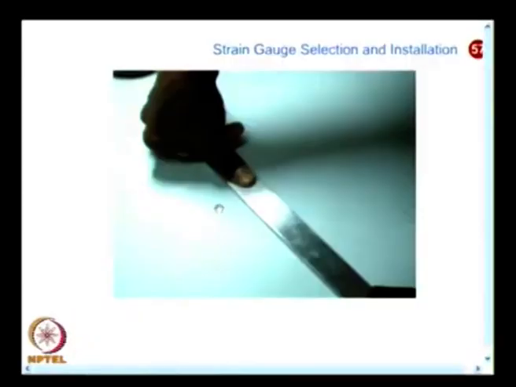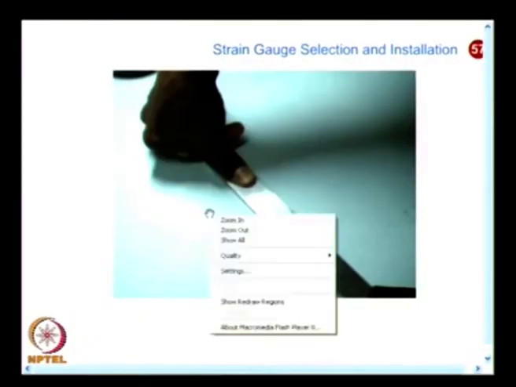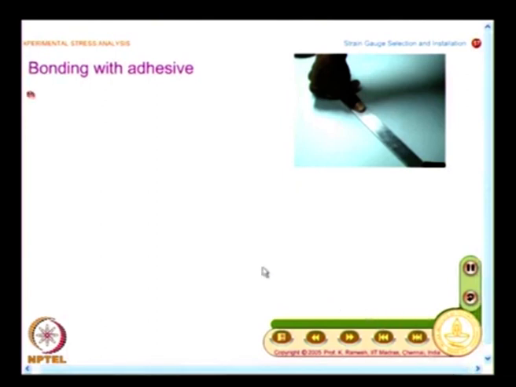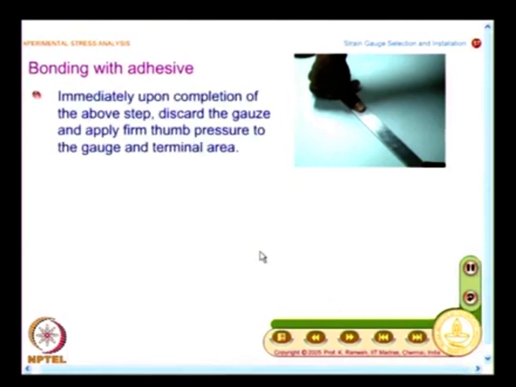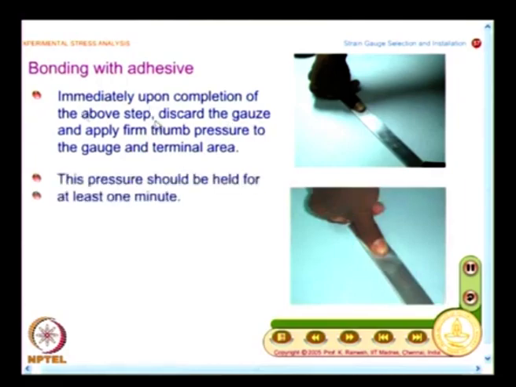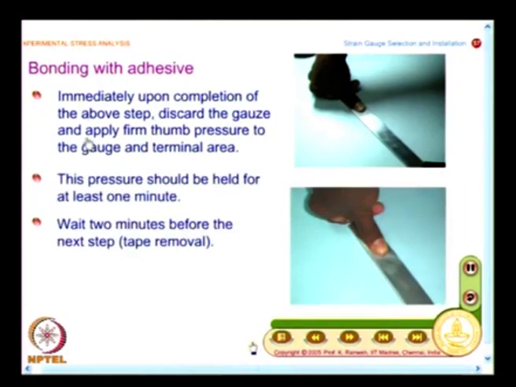The pressure will be uniform when you do it with a cotton gauze sponge, and finally press it with your thumb pressure, and you need to hold it for about a minute and the bonding is complete. So, immediately upon completion of the above step, discard the gauze and apply firm thumb pressure to the gauge and terminal area.